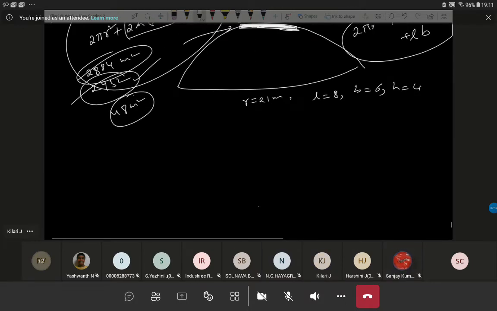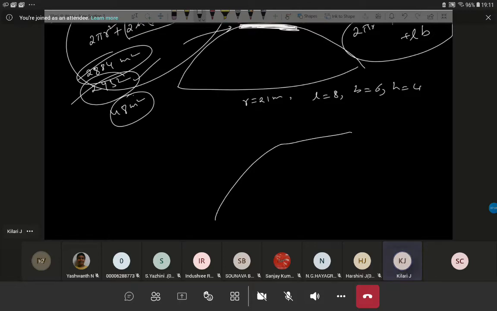Okay. Or we can think in another way. If the dome is constructed like this to place the cuboid, then what will be the difference between the curved surface and a flat surface?